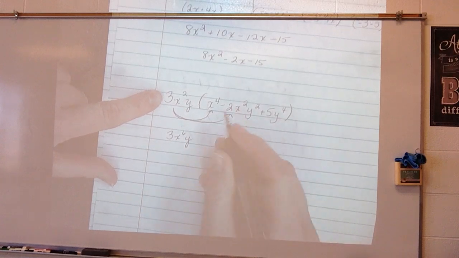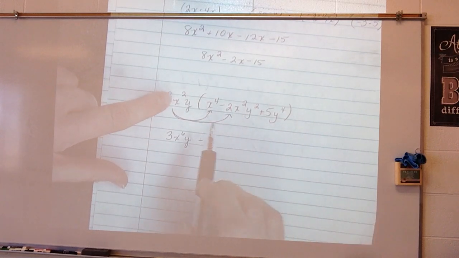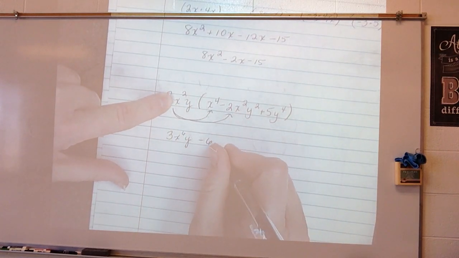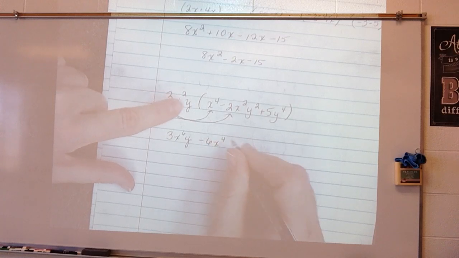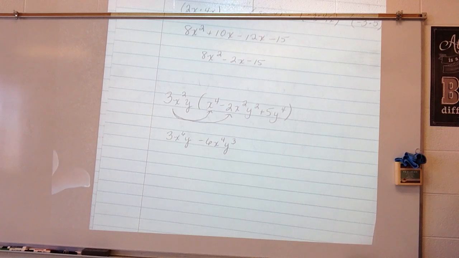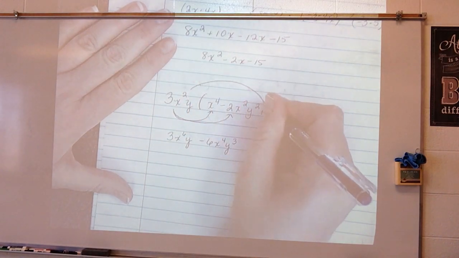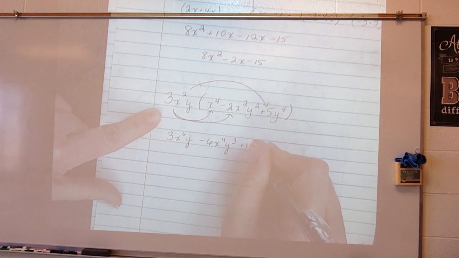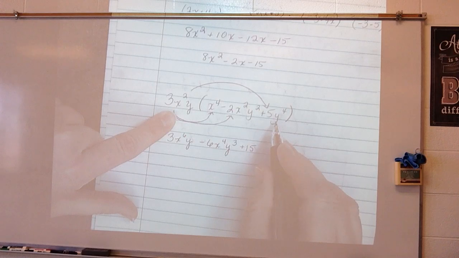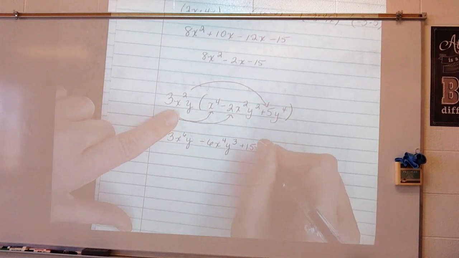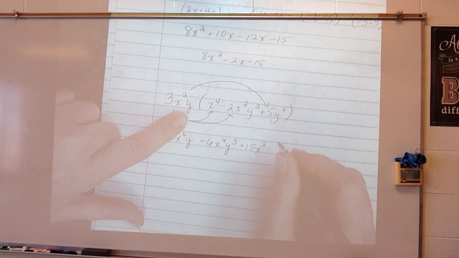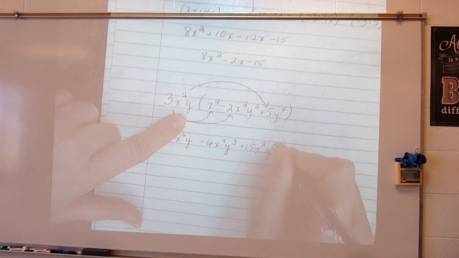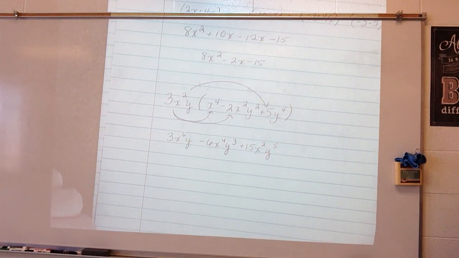So 3 times negative 2 is negative 6. X squared times x squared is x to the 4th. And y times y squared is y cubed. Then I'm going to multiply it times the last term. 3 times 5 is 15. X squared times, there's no x, so I'm going to leave x squared. And y times y to the 4th is y to the 5th.